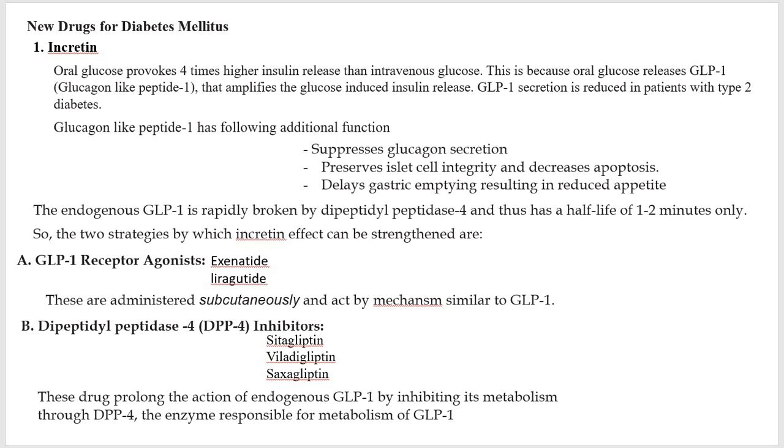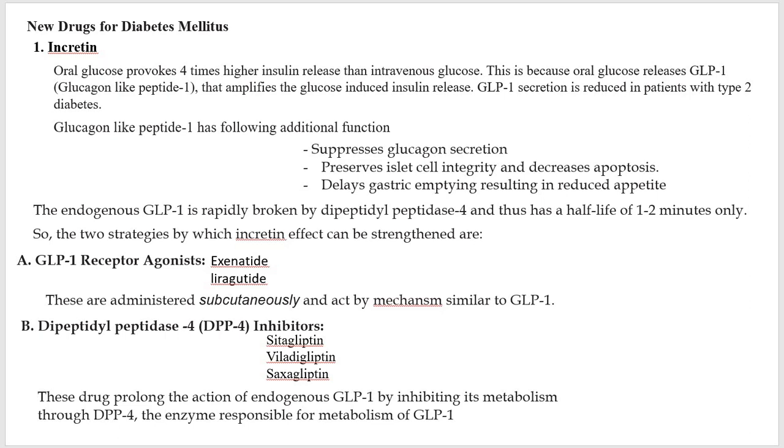Okay, so to avoid such a hazardous complication, as compared to the oral route, these subcutaneous or intramuscular routes are not preferred. Okay, so to avoid that route, we developed the oral hypoglycemic agents.